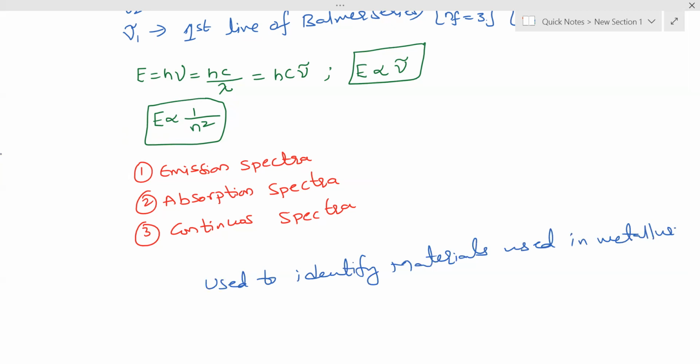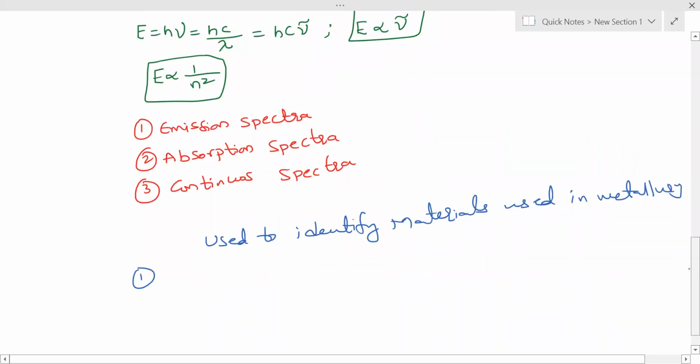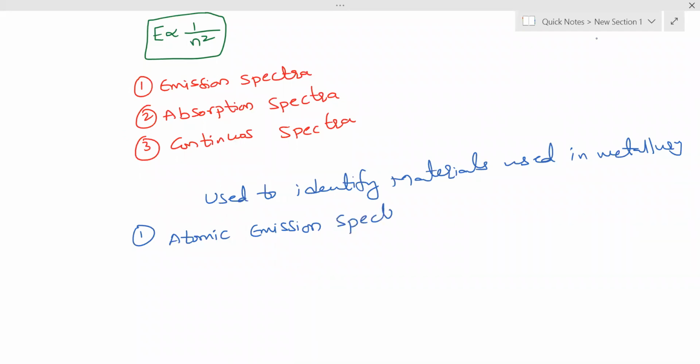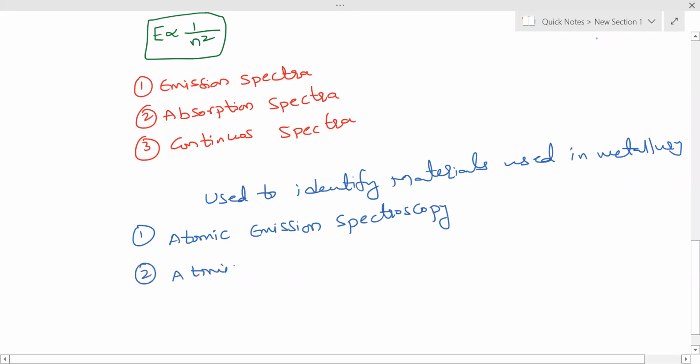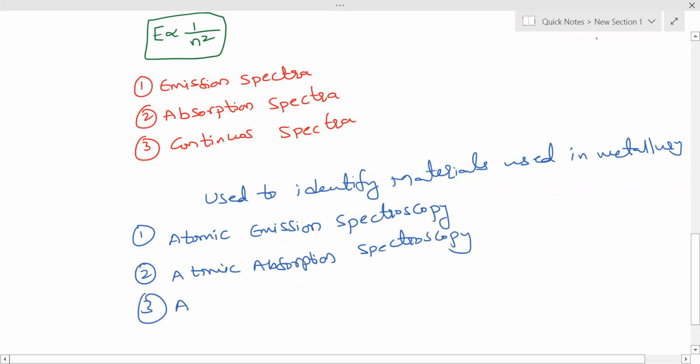We have different types of spectroscopy: atomic emission spectroscopy, atomic absorption spectroscopy, and atomic fluorescence spectroscopy. So this is the application of this phenomenon.